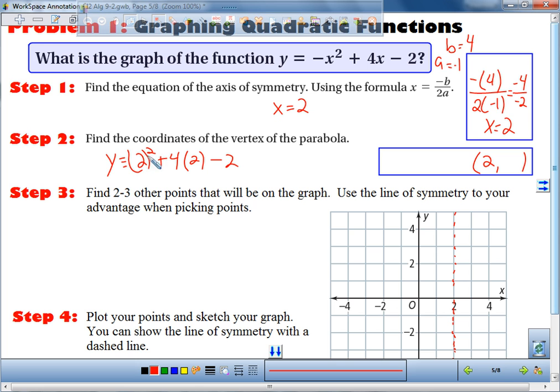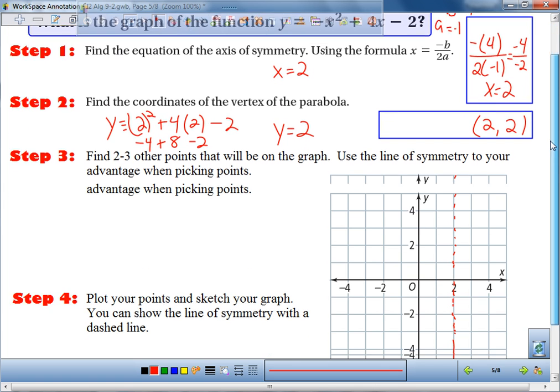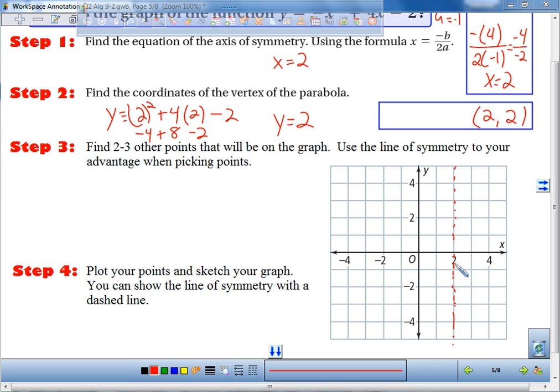Well, 2 squared is 4, and then times the negative is negative 4, so we have negative 4 plus 4 times 2 is 8, minus 2. Negative 4 plus 8 is 4, 4 minus 2 is 2. So our y-coordinate is also 2. So our vertex is going to be at 2, 2.